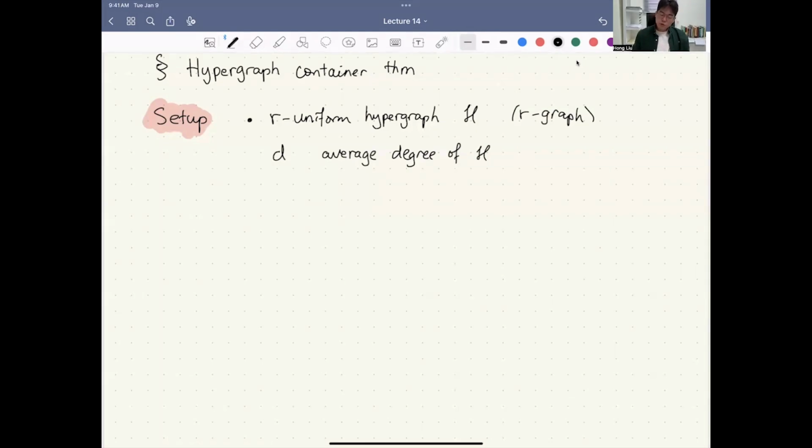Now we can define the codegree of a subset of vertices, as you may imagine.